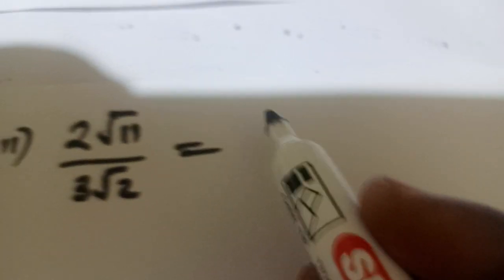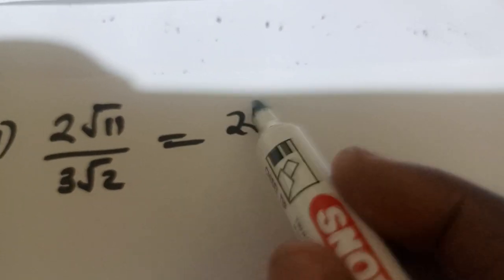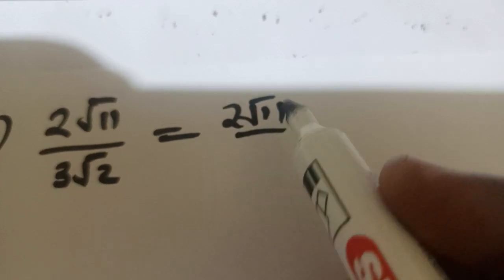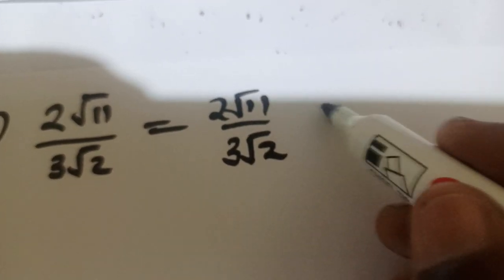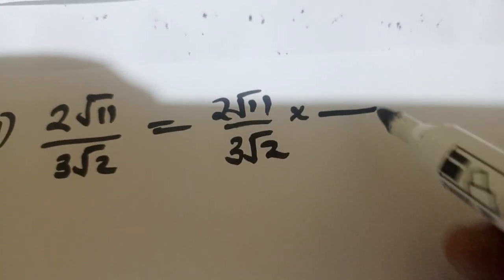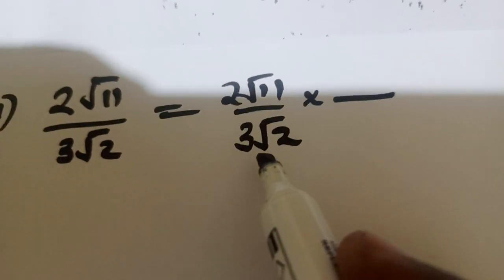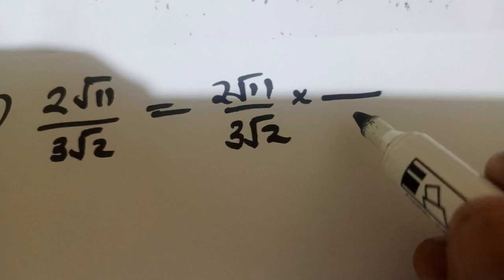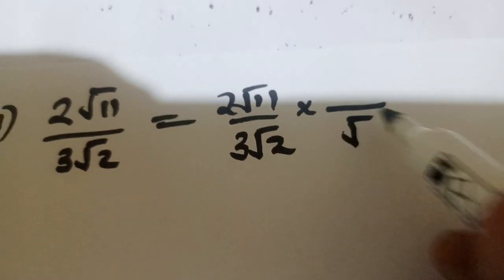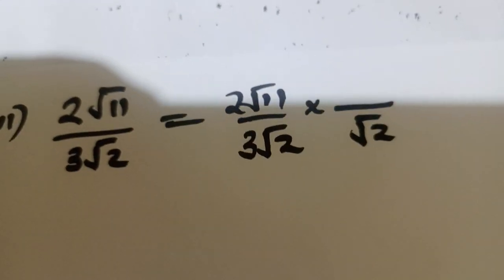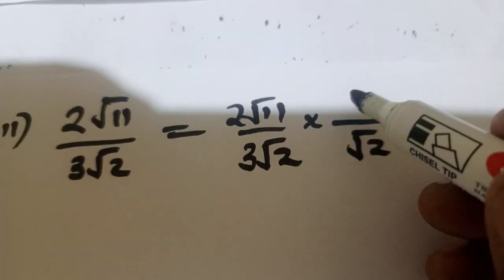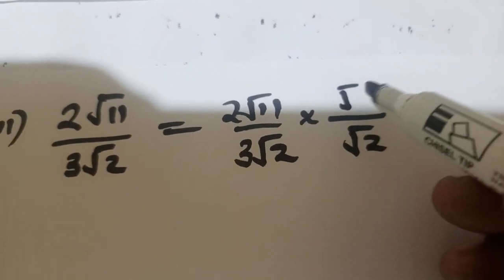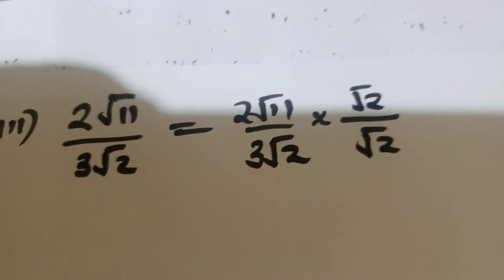So we'll have our 2 root 11 over 3 root 2. Then we multiply the denominator. We consider the surd in the denominator here. Which surd we have there? Root 2. So we have root 2. And what we use to multiply the denominator must also be used to multiply the numerator.